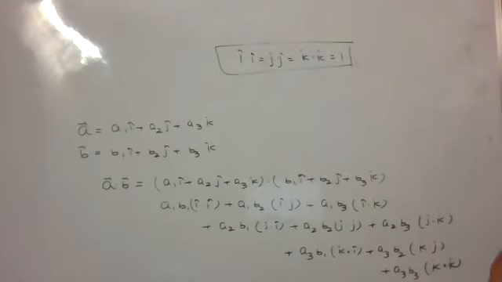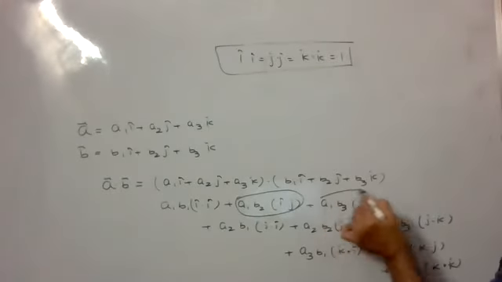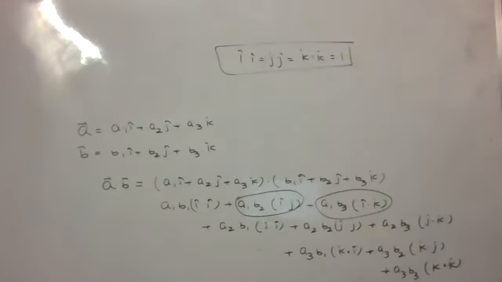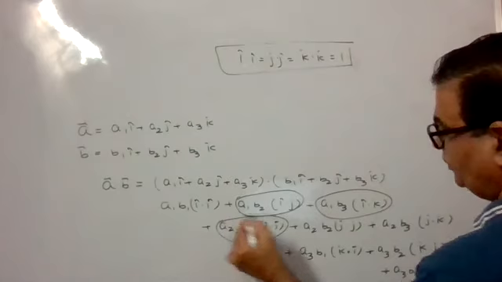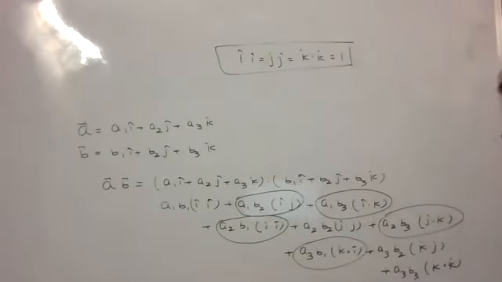Now, which results are zero? You should remember, whenever the vectors are perpendicular, their dot product has to be zero. So i dot j is zero, i dot k is zero, j dot i is zero, j dot k is zero, k dot i is zero, k dot j is zero.